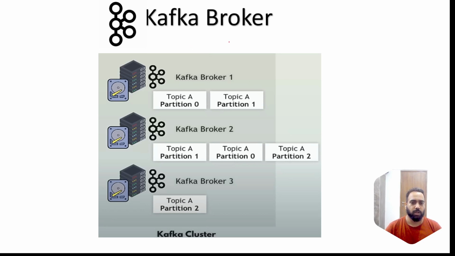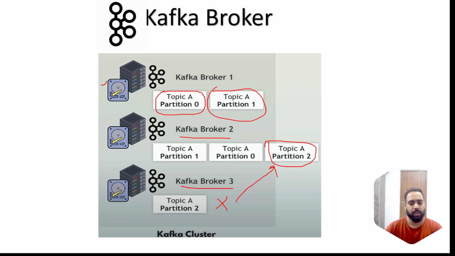The Kafka broker is the actual worker which is storing your data, and it is maintaining the Kafka topics and partitions for processing. So, for example, suppose Kafka broker 3 is not working or is down. You will never lose the data. The partition of topic A is there in broker 2, so this broker will take the responsibility to handle the data which was in Kafka broker 3.